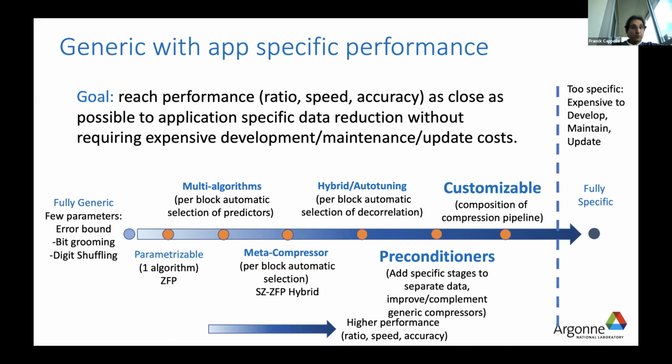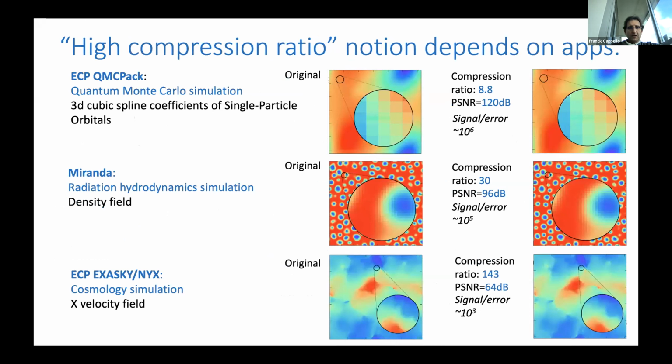People have developed preconditioners in order to prepare the data before using generic lossy compressors. And some compressors now are customizable. This means that you can customize them in order to improve their performance.